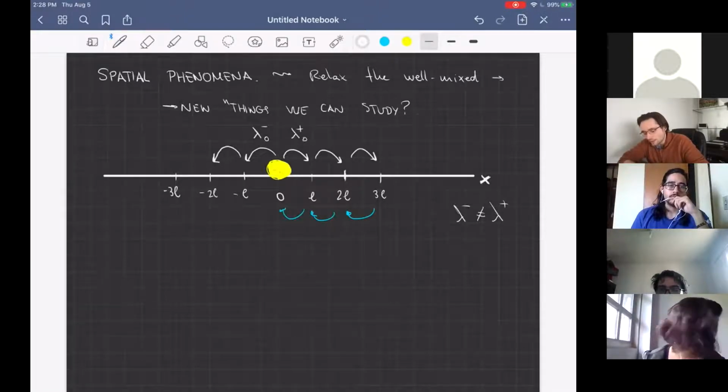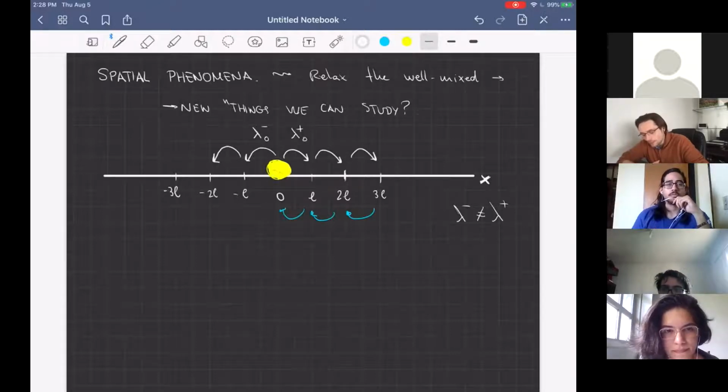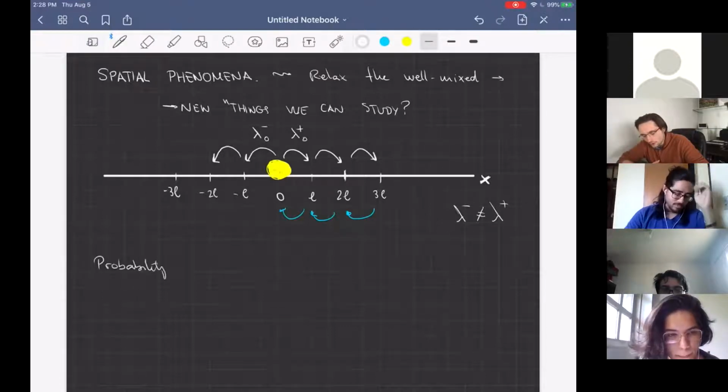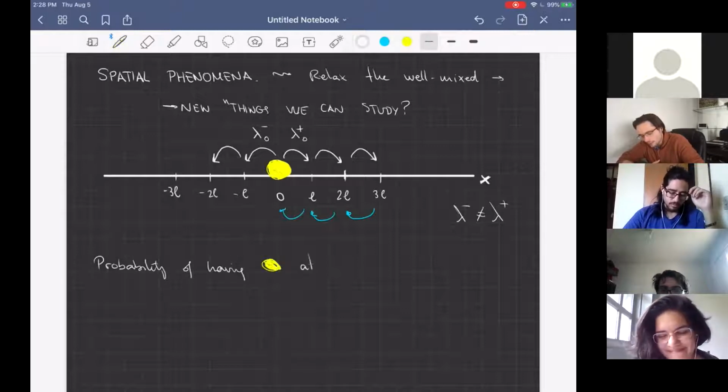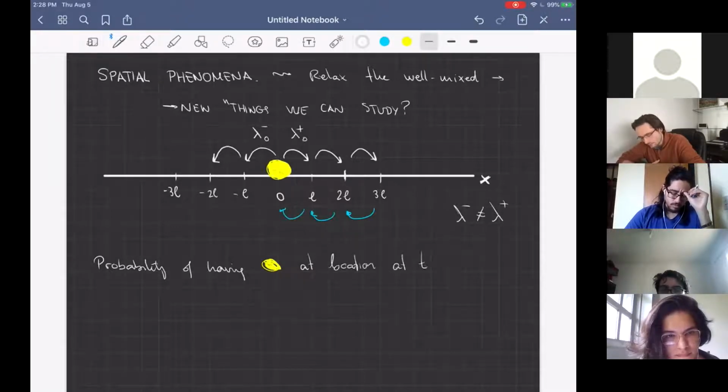If I want to have a full description of the system, the equivalent of this probability of having n particles that we had for the population growth process would be the probability of having my yellow friend at position or at location X at time t.